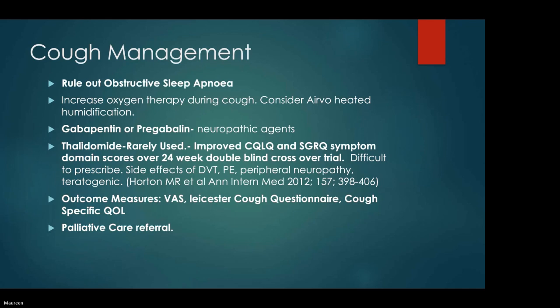And then it is possible where you've got real difficulties with cough, where you can rely on, say, quality of life questionnaires, of which there are a few, where you can get a baseline quality of life score, try an intervention and reevaluate as to whether that's making some impact. And then I suppose you could do palliative care referral for symptom relief from their perspective.